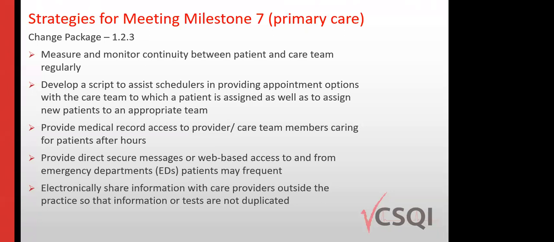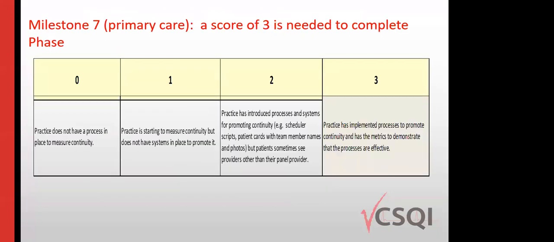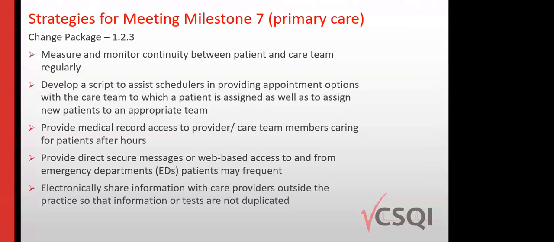The measurement piece of this, as you saw, a score of 3 says you need metrics to demonstrate that your processes for promoting continuity of care are working. The measures for continuity of care can look complicated. If you do a search on continuity of care metrics, there are some that definitely come up.